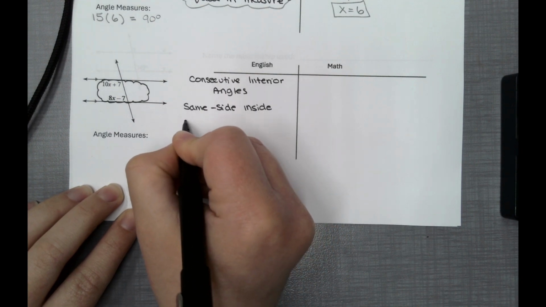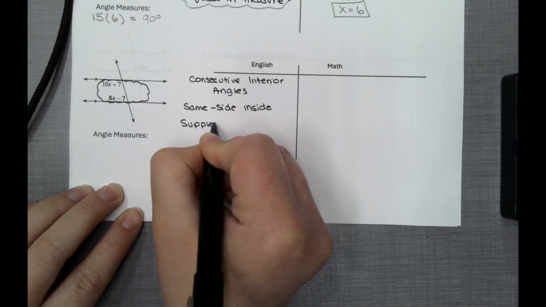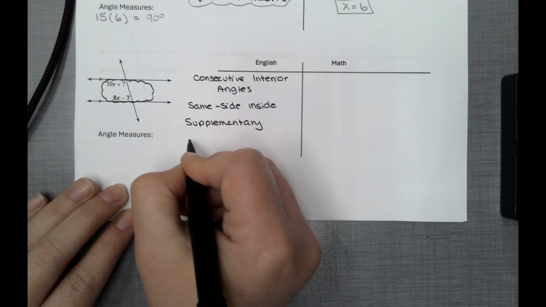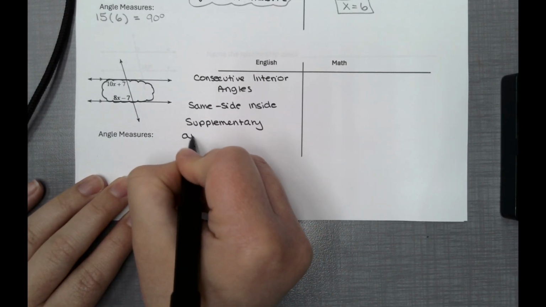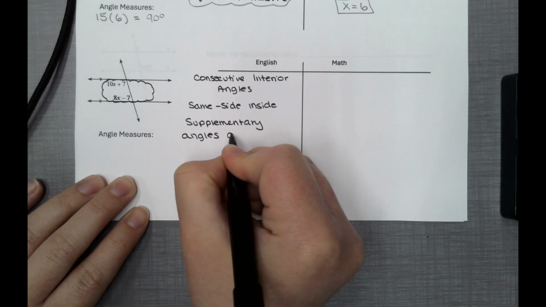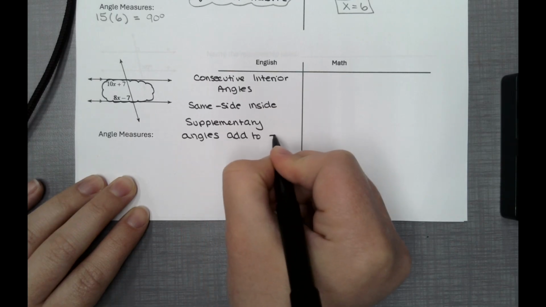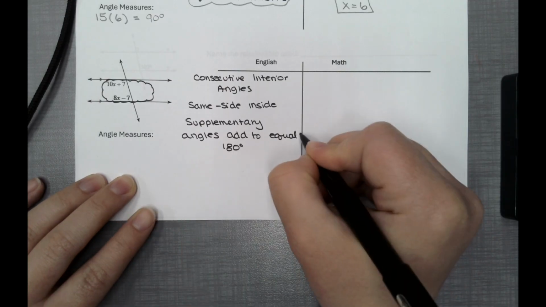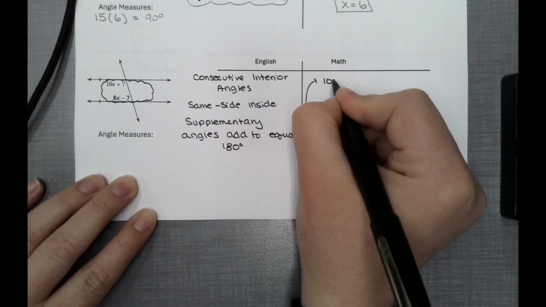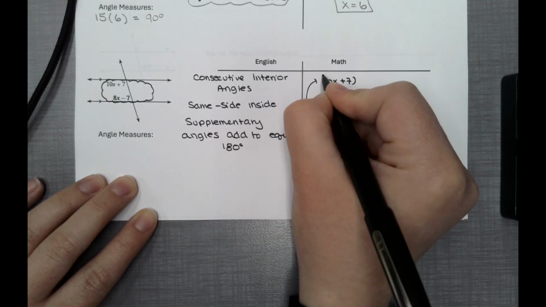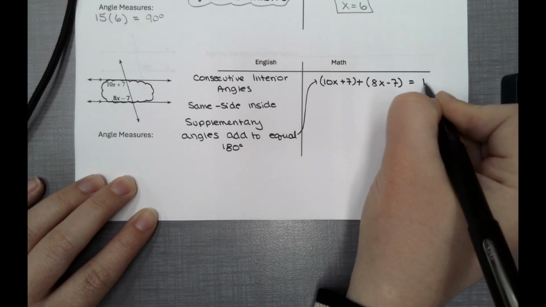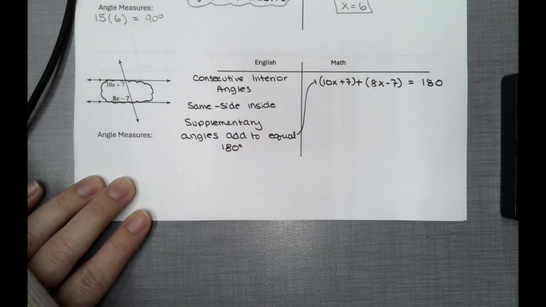These angles are supplementary. And if they are supplementary, that means the angles add to equal 180 degrees. So we're going to take our two angles, add them and set them equal to 180 degrees.